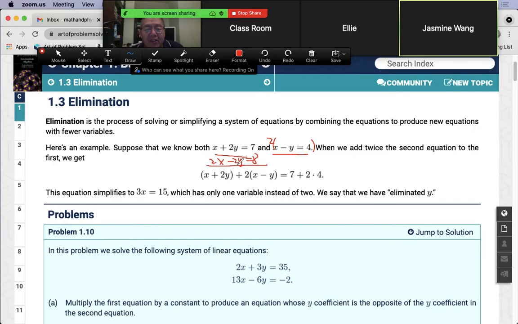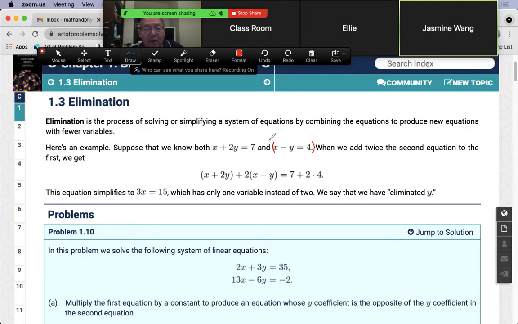Then we add these two equations together, we get 3x equals 15. By this way, we cancel out the y. So now my question is, we try to cancel out x. Can you tell me what number we need to multiply to the second equation to make us cancel out the variable x? 1.